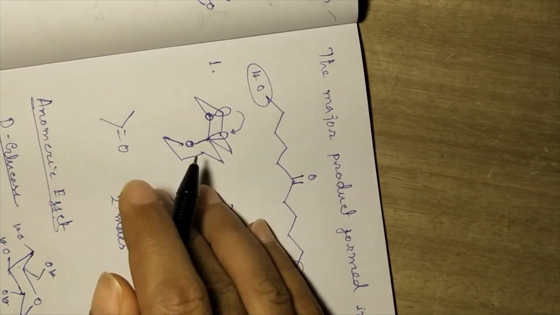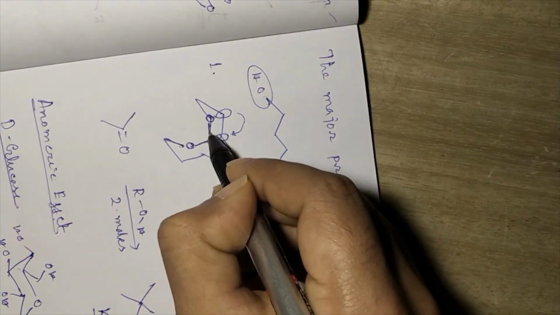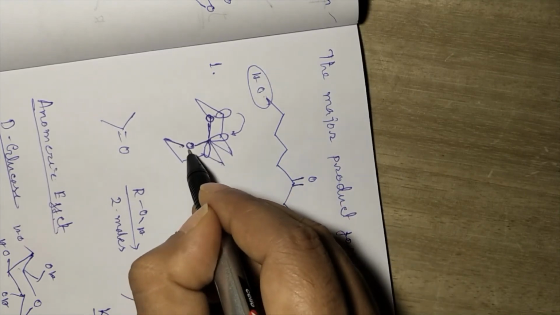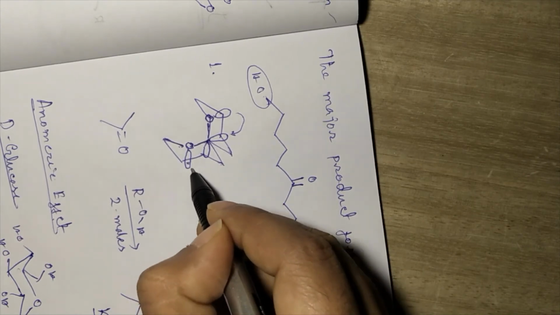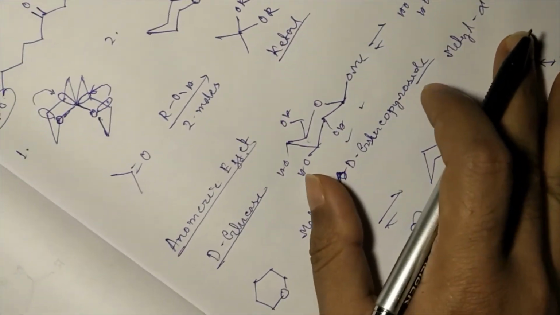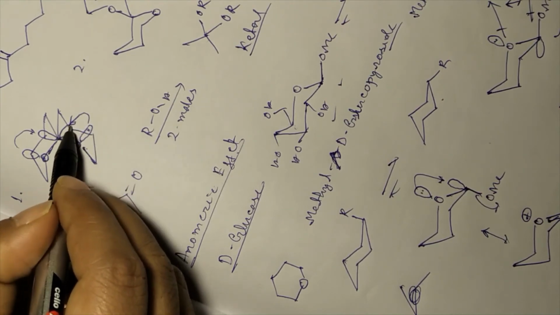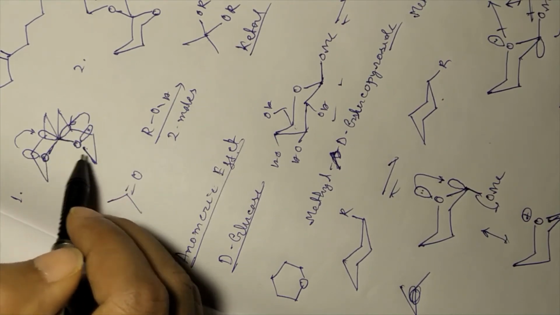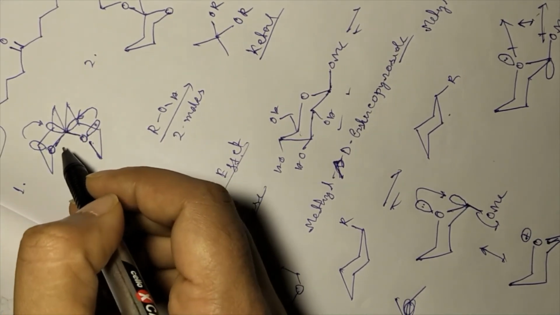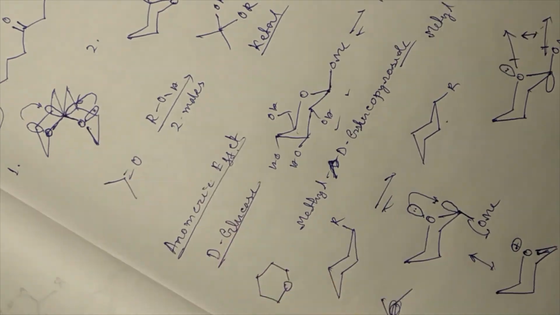If we rotate this, it is also in axial conformation and the sigma star antibonding orbital is in this direction and the lone pair is in this direction. So here also the anomeric effect will be observed. If we rotate this direction, we can see that this lone pair will come into resonance with this antibonding orbital. So in this compound, the OMe groups on both rings are mutually axial. That's why two anomeric effects will be observed here.